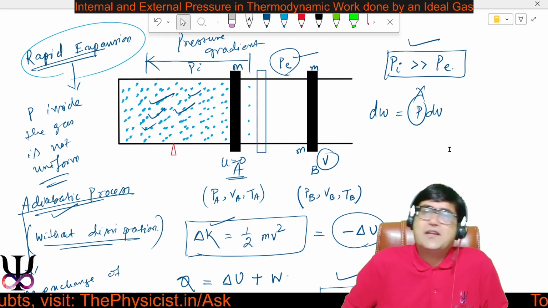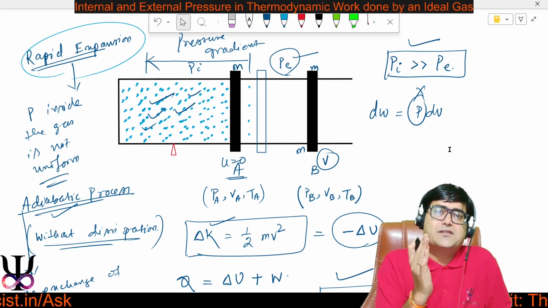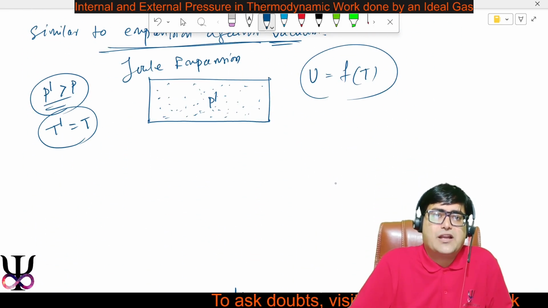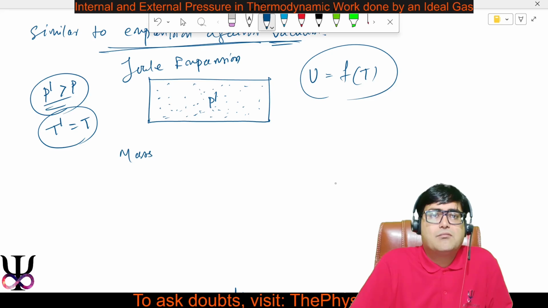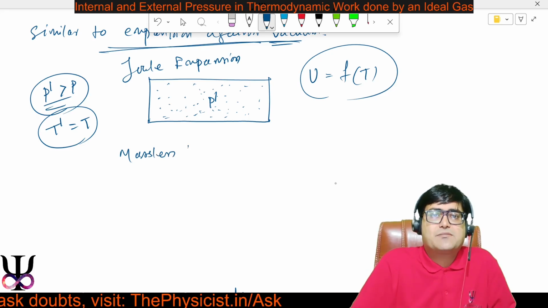And if there is vacuum, and the piston is massless, understand? Massless piston against vacuum. I'm still talking about rapid processes.